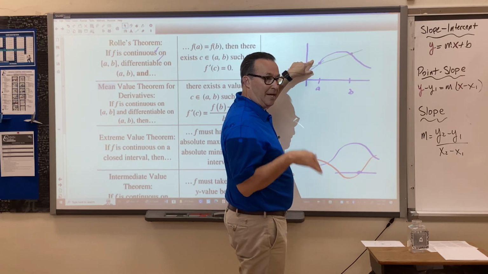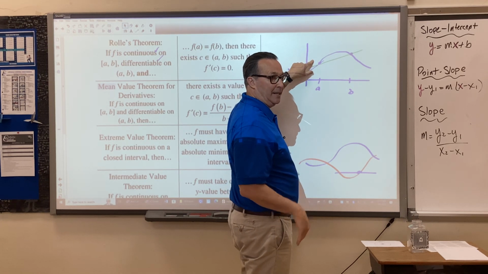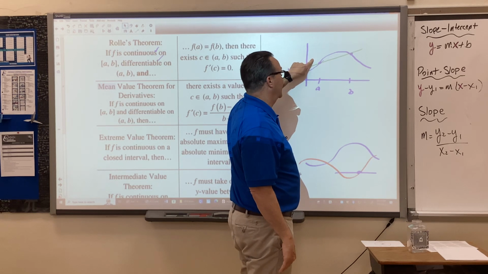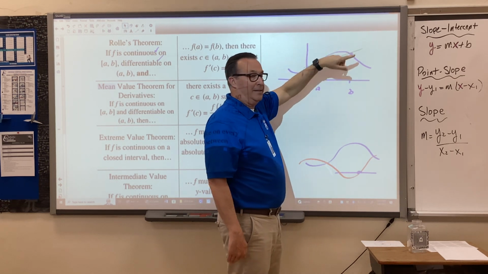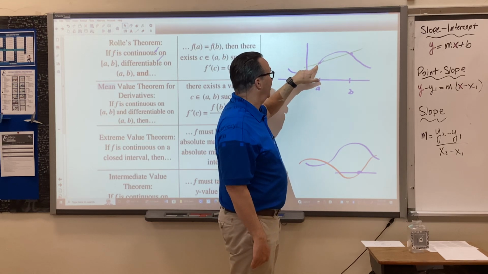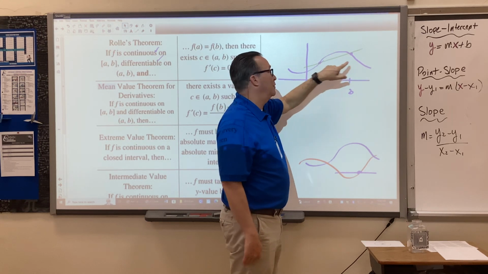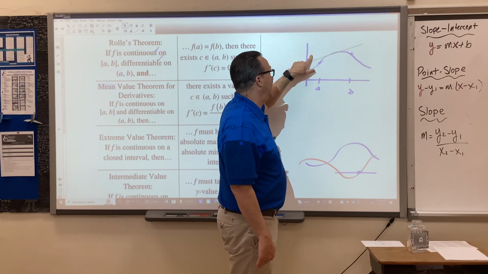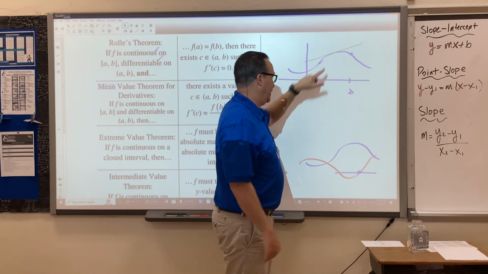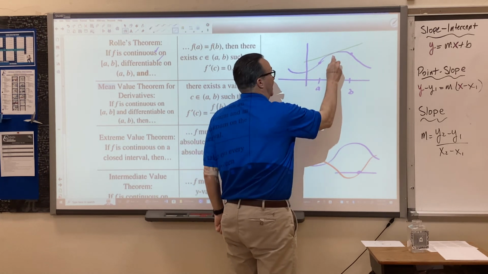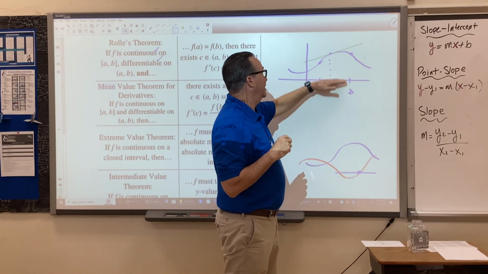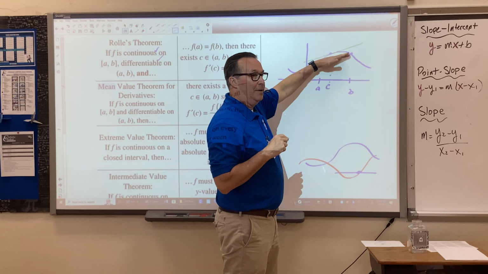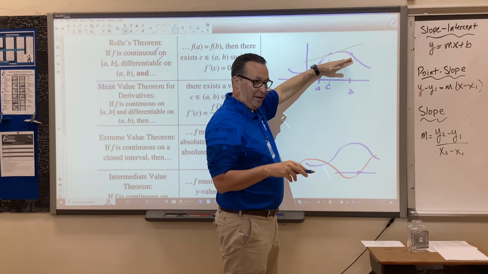The slope of the tangent equal to the slope of the secant. Like the slope of the secant is this slope, whatever the rise and run is. But if you draw a smooth curve between those 2 points, you're guaranteed a spot in between A and B that has the same slope as the average rate of change.